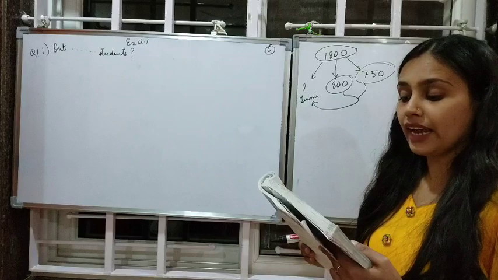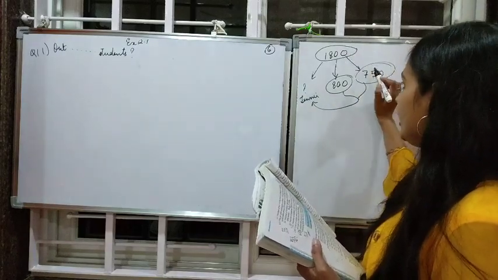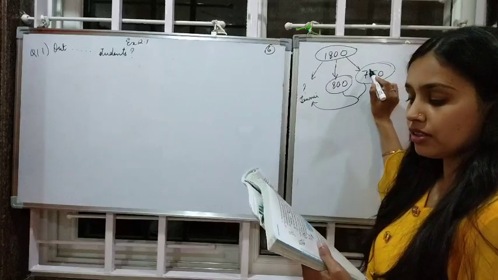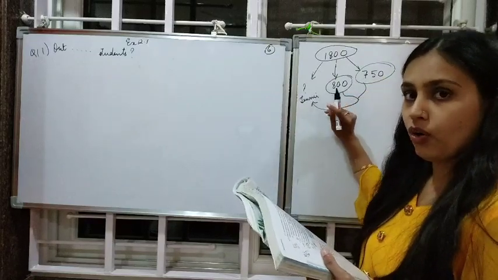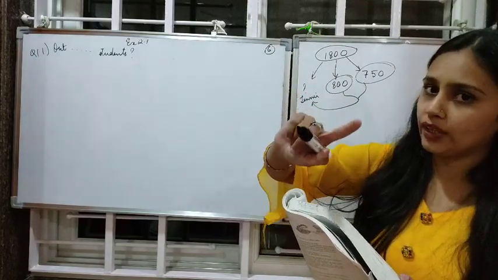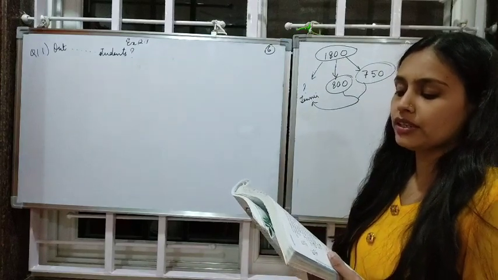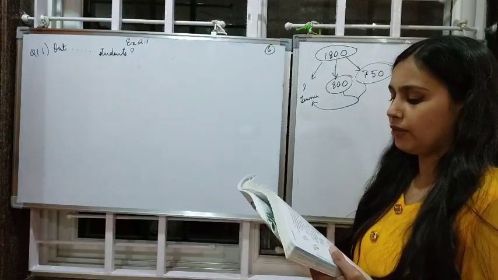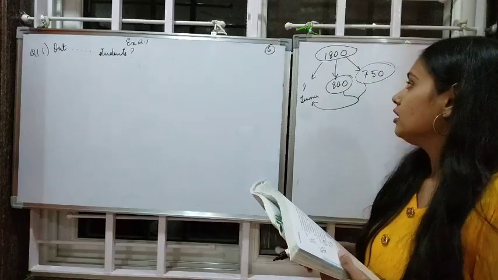If a student can opt for only one game, that means any student can go for basketball, cricket or tennis, only one game. So we have to find the ratio.